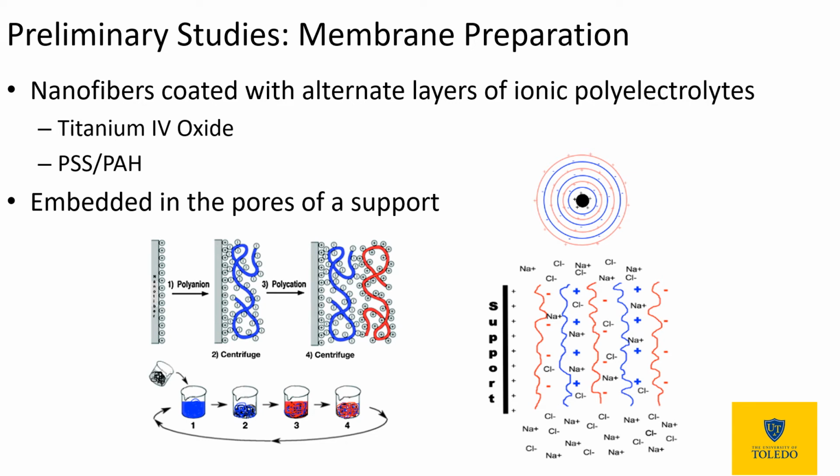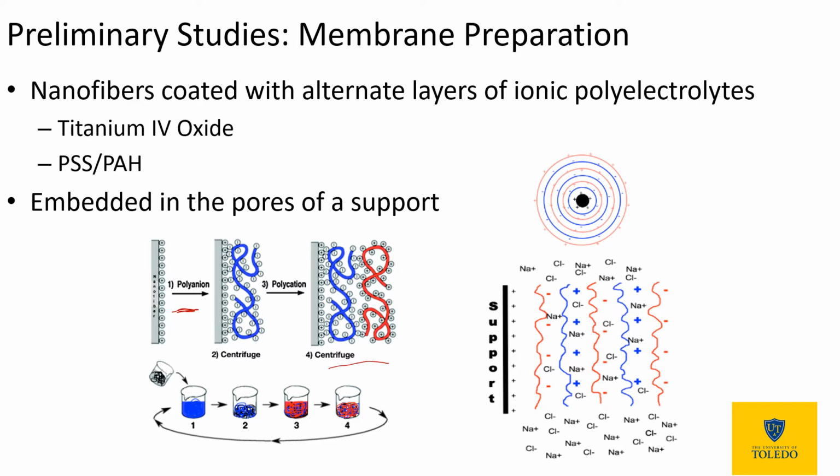Our initial idea was to take nanofibers, such as titanium, and then to coat them successively with layers of a polyionic material, a polyelectrolyte. So as you see in the figure down here, starting with a nanofiber, what we would do is coat on the surface of that positively charged nanofiber a polyanion, and then remove that from the solution containing the polyanion, and then immerse it into a solution containing the polycation to form a two-layer structure, and then repeat this to form subsequent layers.